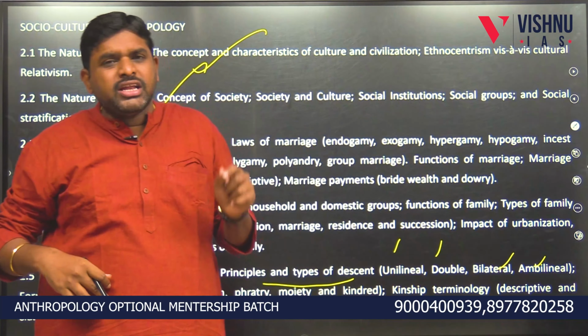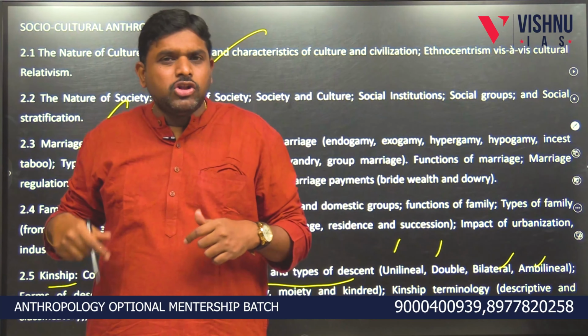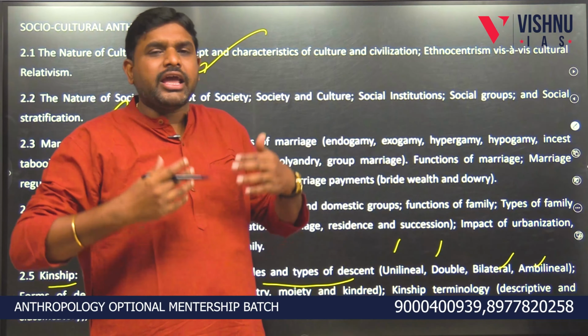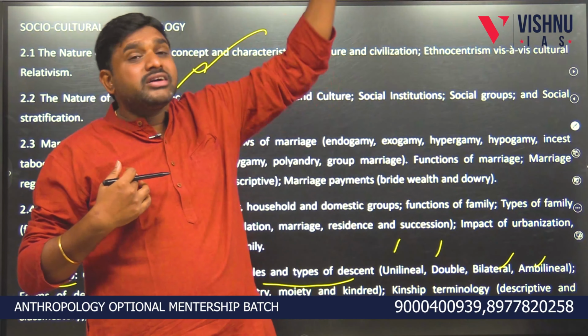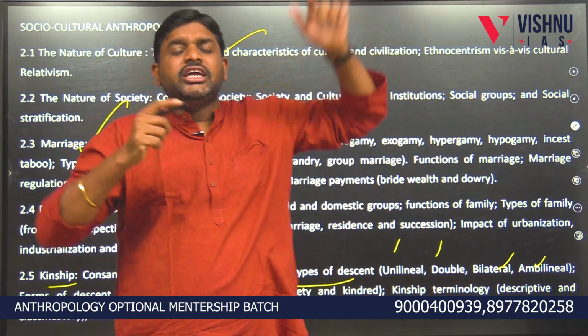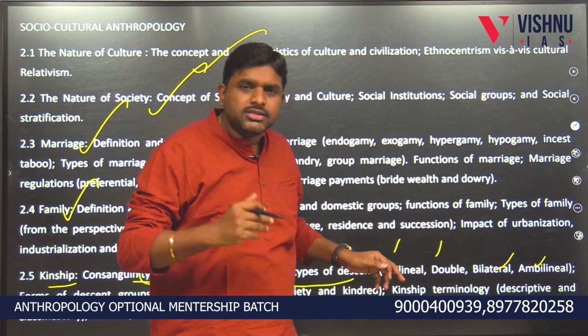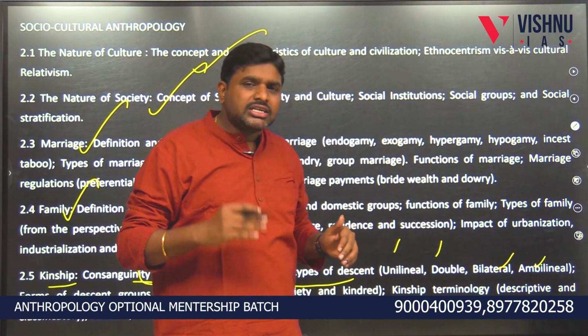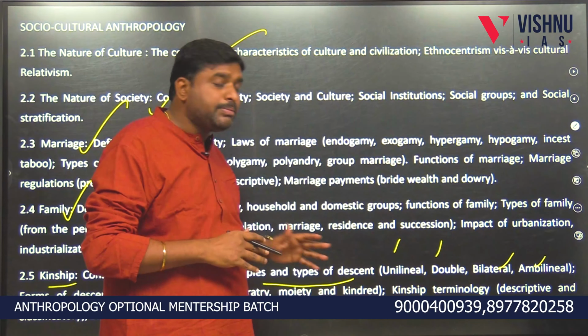In the Tibetan Plateau, there is a tribal community, and the Nayar tribal community in Kerala also, they trace their ancestor through the female line, meaning daughter, mother, grandmother. It is called matrilineal. That is called descent. So, different varieties of descent are there: unilineal descent, double descent, bilateral descent and ambilineal descent.